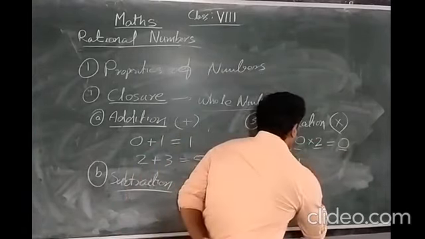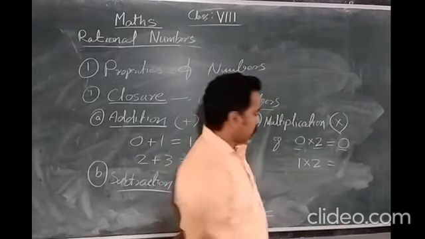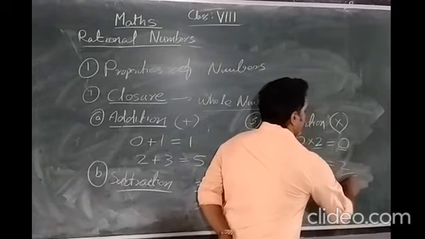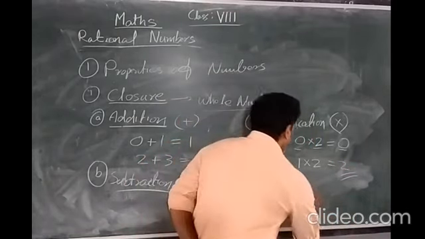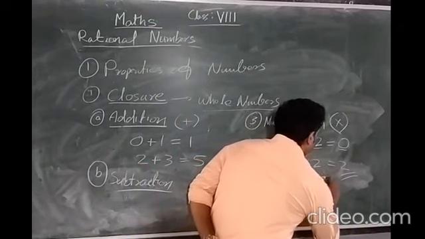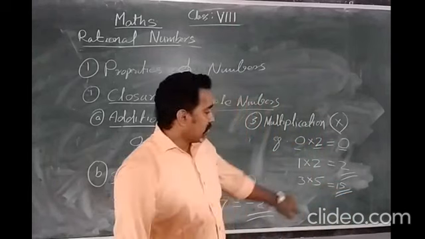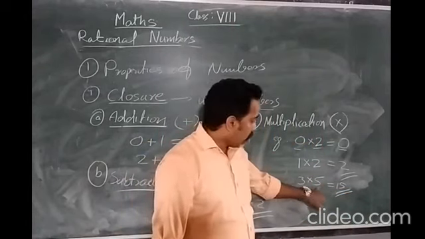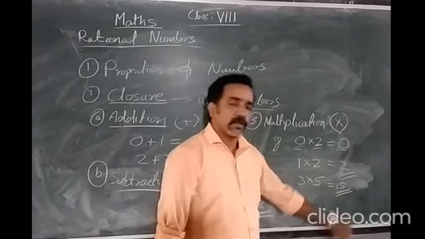Another example: 1 into 2. 1 and 2 are whole numbers, and the result is 2, again a whole number. 3 into 5: 3 fives are 15. 3 is a whole number, 5 is a whole number, and the product 15 is a whole number.